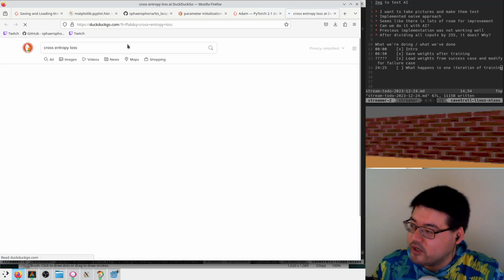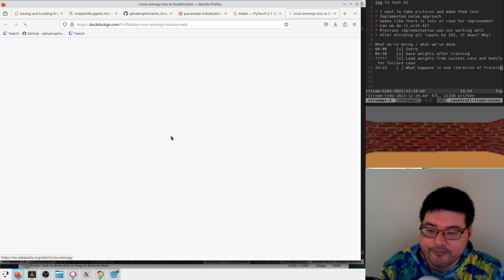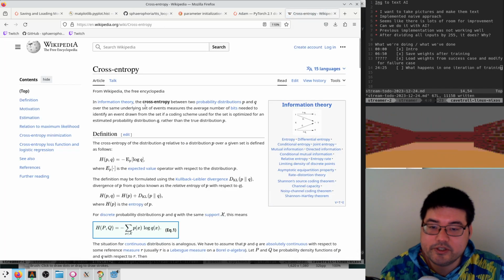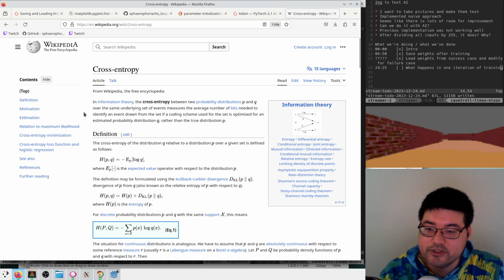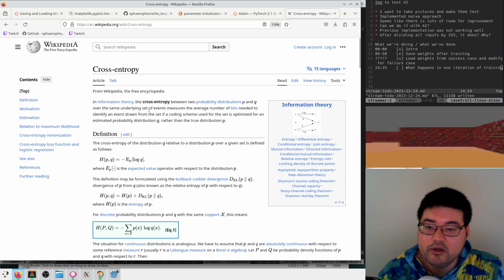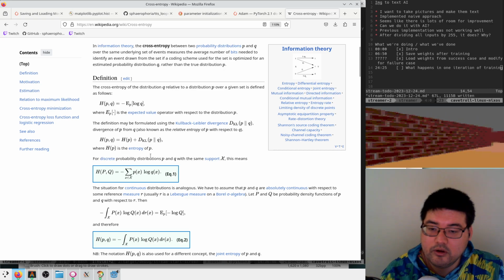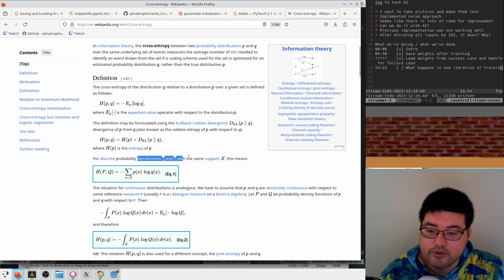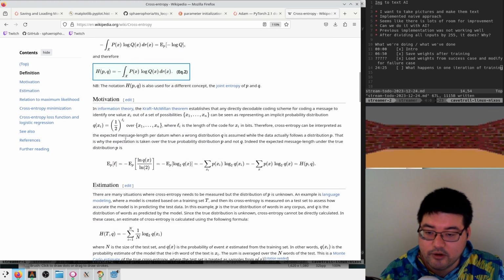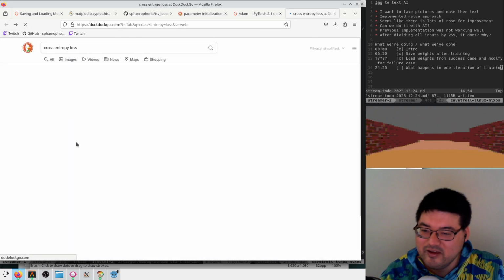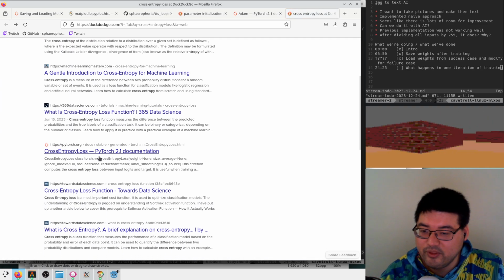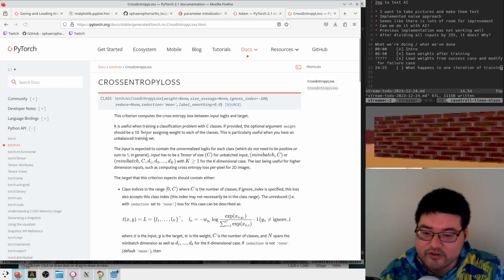I actually don't know what I'm even trying to say because I'm so lost on the subject. So what is this? Cross entropy between two probability distributions over the same underlying set of events. So we are summing up distributions, P, Q. That's a lot of math. Is there a more noob-friendly way of explaining this to me?